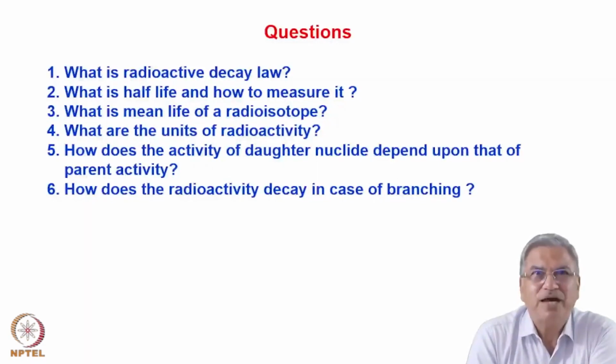What is the mean life of a radioisotope? What are the units of radioactivity? How does the activity of a daughter nuclide depend upon that of the parent activity? And how does radioactive decay proceed in the case of branching? We will discuss these details in this lecture.